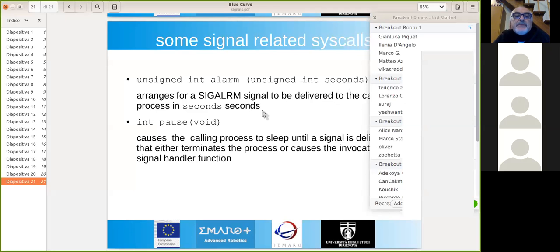The simplest system call to use inside the process P, the scheduler, is the alarm system call, in the sense that the process P might wait for an alarm with a minimum delay time, so that any time the alarm, the SIGALRM, is received by P, it decides to activate or not one of the children, depending on their cycling time.